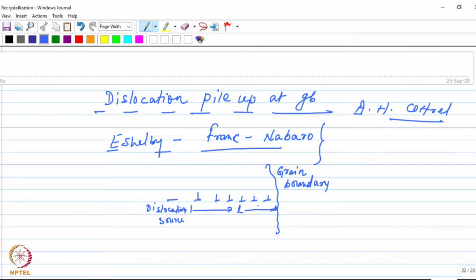Here is the grain boundary, and dislocations have piled up at the grain boundary, and L is the pile-up length.